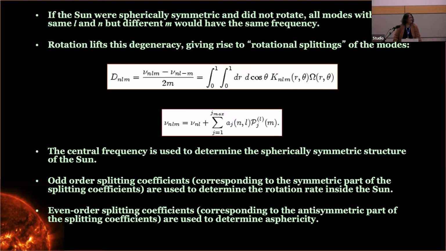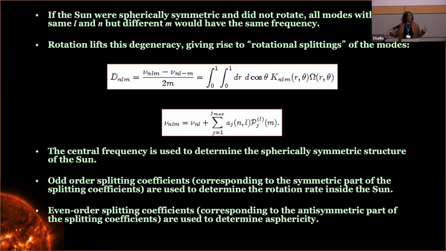So instead of doing that, what we do is express the frequency of a mode of a given N, L, and M as a central frequency that does not depend on M and an expansion in polynomials. So we usually use the Clebsch-Gordan coefficients. Again, if you're used to quantum mechanics, you know what those functions are.